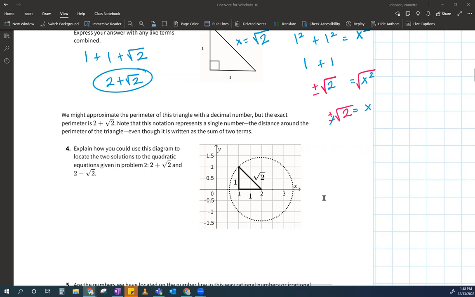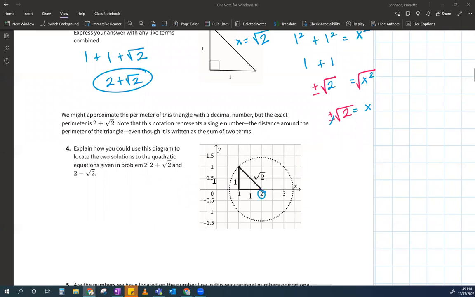Where's 2 plus root 2 in our whole thing here? Yeah, here's the root 2. So I need you to pretend that this is a bicycle wheel. And do you see all the spokes that come out of the center right there? So those are all root 2s, right? So 2 is this 2, and root 2 is this 2.